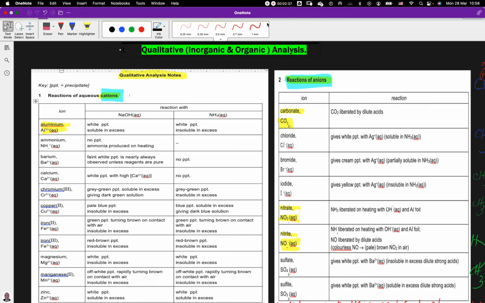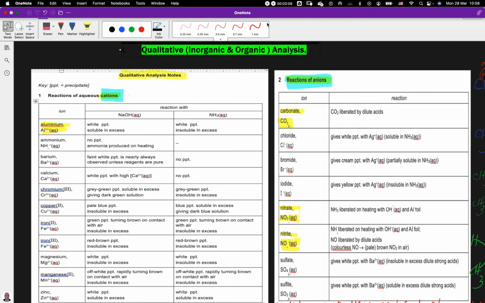So now, if you are to start with the cations, remember, in a test tube, you have a solution, you have an unknown salt. If you put the unknown salt into the solution in a test tube, while it may require some warming, if it does not even require warming, immediately you observe fizz or effervescence or bubbles of gases.